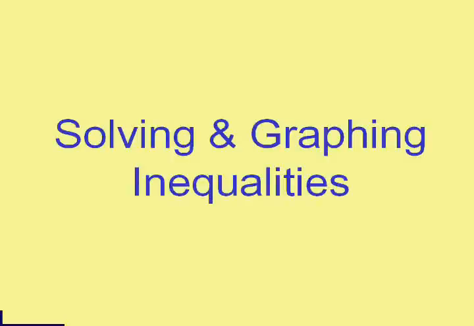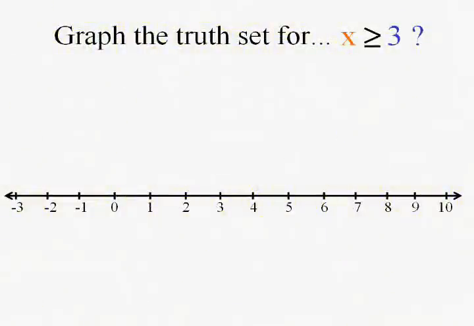When we graph the truth set of this inequality, x is greater than or equal to 3, all we're really doing is putting a point on every spot where I can put a number in for x to make it true.